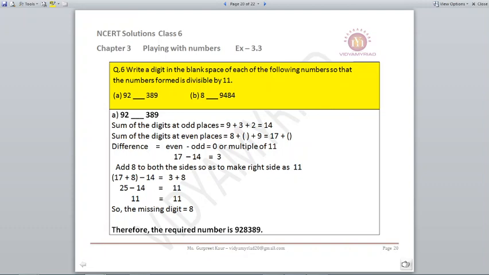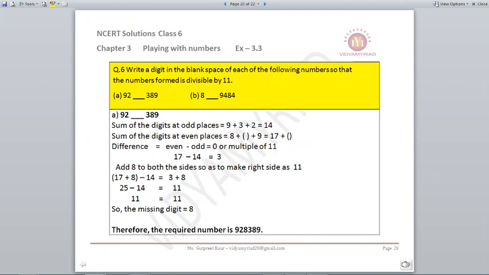So let us see in this case, 92-389. If I take the sum of the odd places, it comes to 14, and if I count the even places, it comes to 17 plus dash. There should be some number added with 17. Now what is the difference between even and odd? 17 minus 14 gives you 3. Something should be added such that I should get 11.